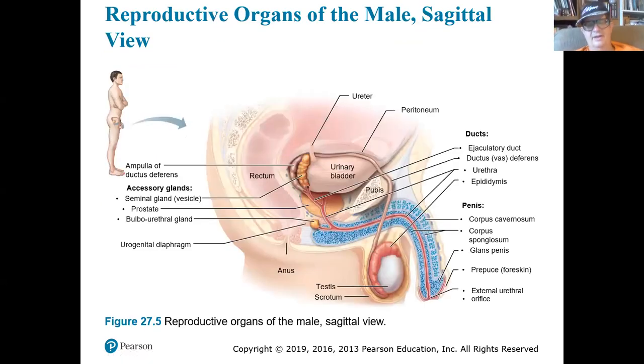All right, so there we have the picture. This little tiny gland here is the Cowper's gland, the bulbourethral gland. That is where the pre-ejaculate comes from. And the purpose of that is a slightly basic, fairly liquidy mucus that lines the urethra.